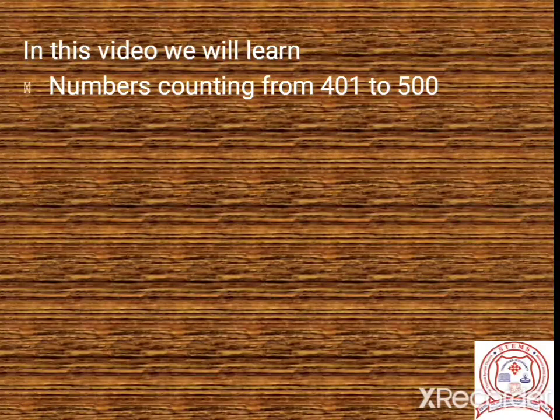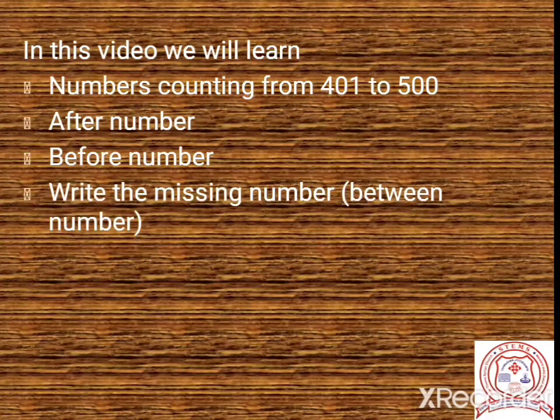In this video, we will learn numbers counting from 401 to 500. That is, how to count the numbers in order. Next is after number, before number, and write the missing number. That is, between number. Which number will come between the two numbers?